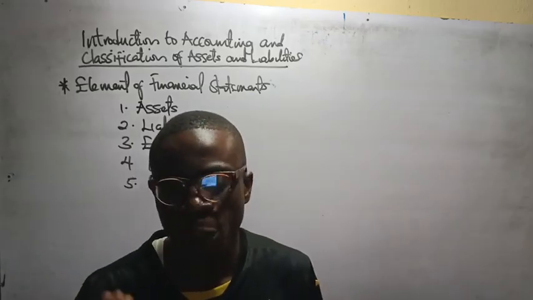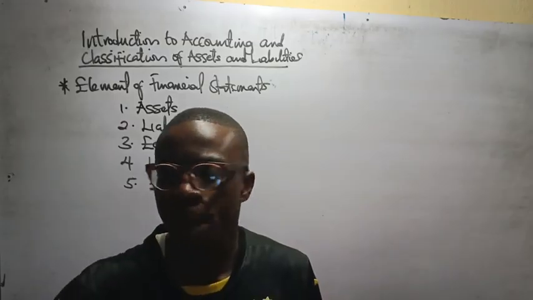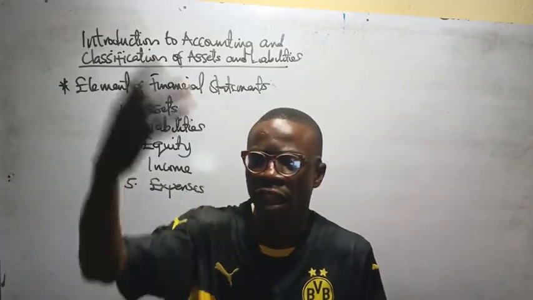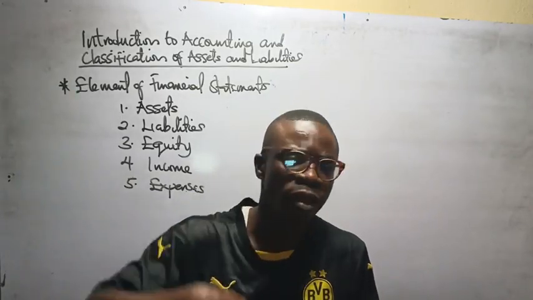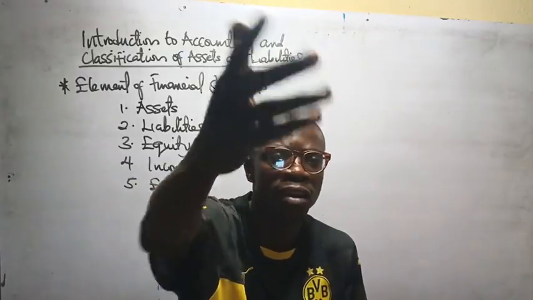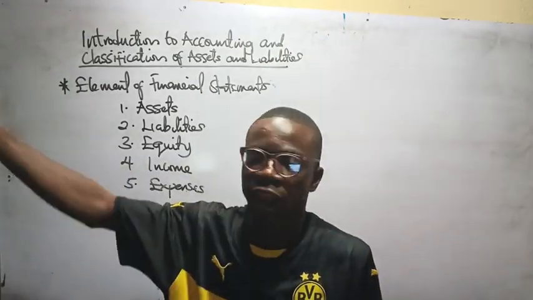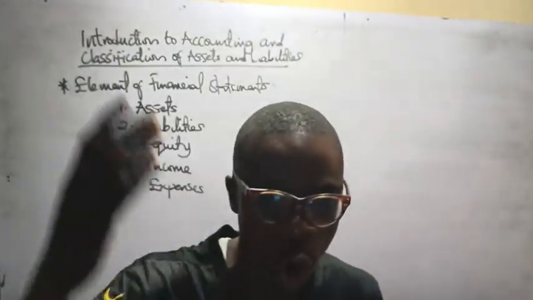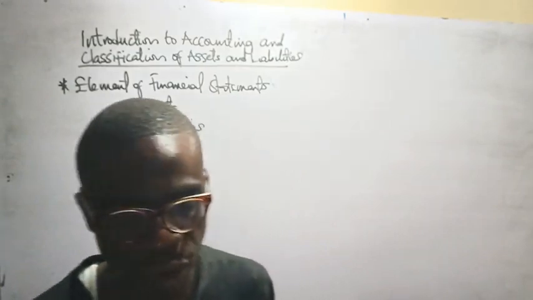So they are obligations that are owed by the business entity to others. Did they take a loan? Am I communicating? Are they owing salaries? They are obligations that the business owes to others as a result of past events.